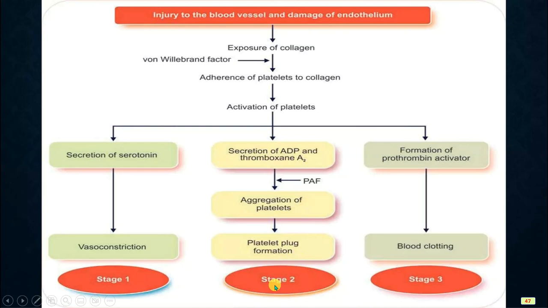This is called stage 2 in blood clotting, whereas finally the prothrombin activator formation will be there, and ultimately blood clotting will happen in three stages: stage 1, stage 2, and also stage 3.